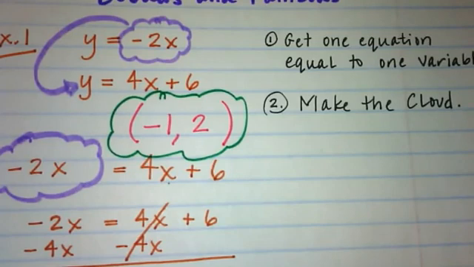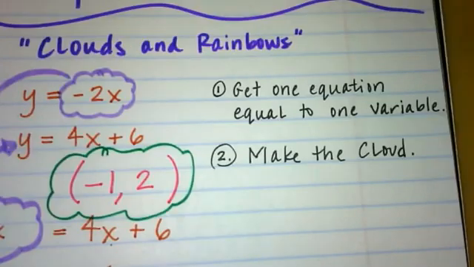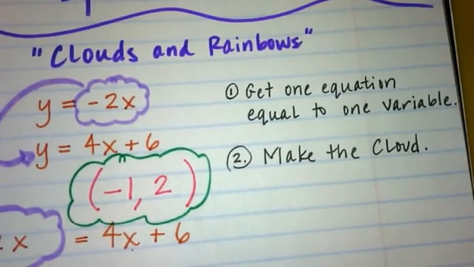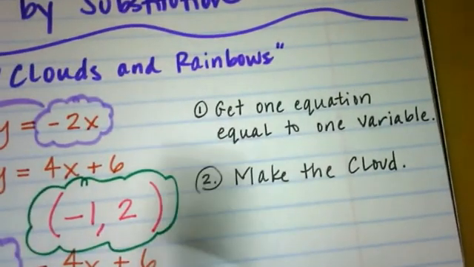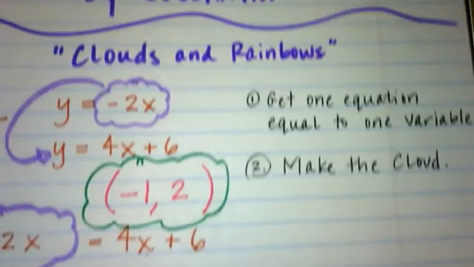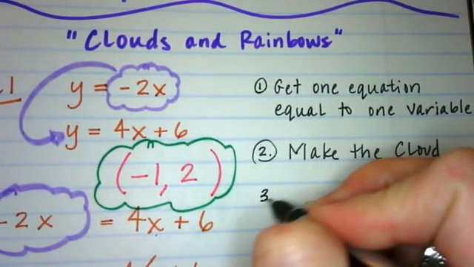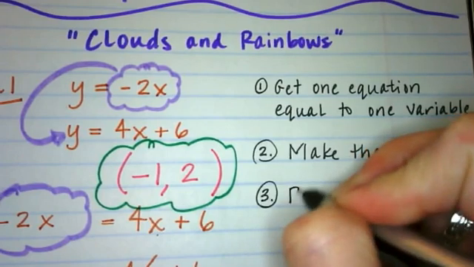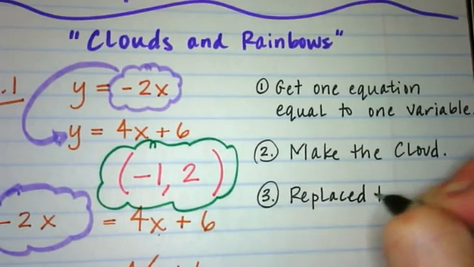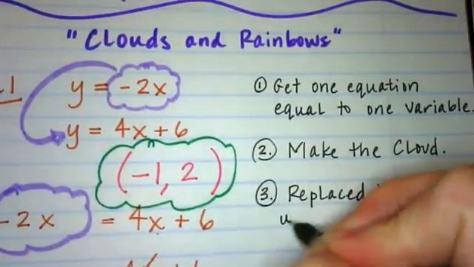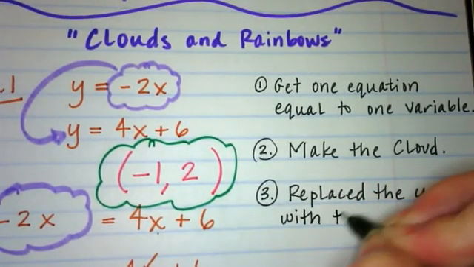All right, so let's go back and fill in our steps. First thing we were supposed to do is get one equation equal to one of the variables, and that was already done, so we really didn't have to do that. Then we made the cloud around one of the equations, and it didn't matter which one, as long as it was equal to the variable. Then we floated the cloud, and we replaced the y with the cloud.